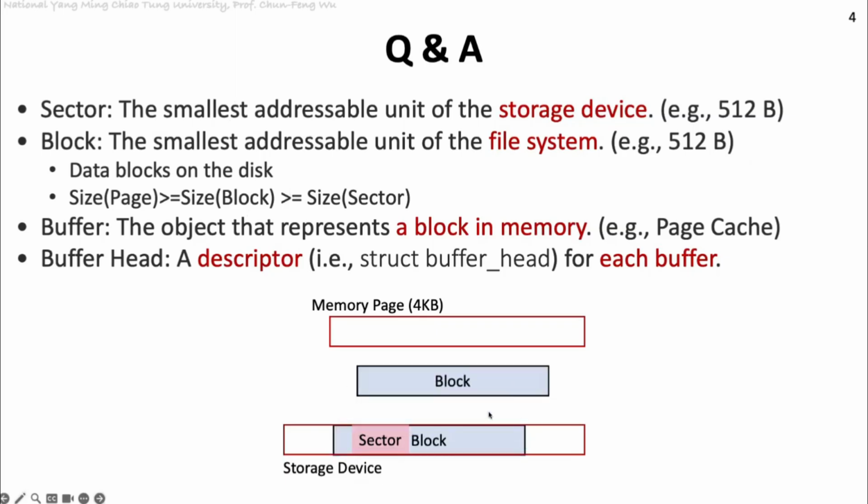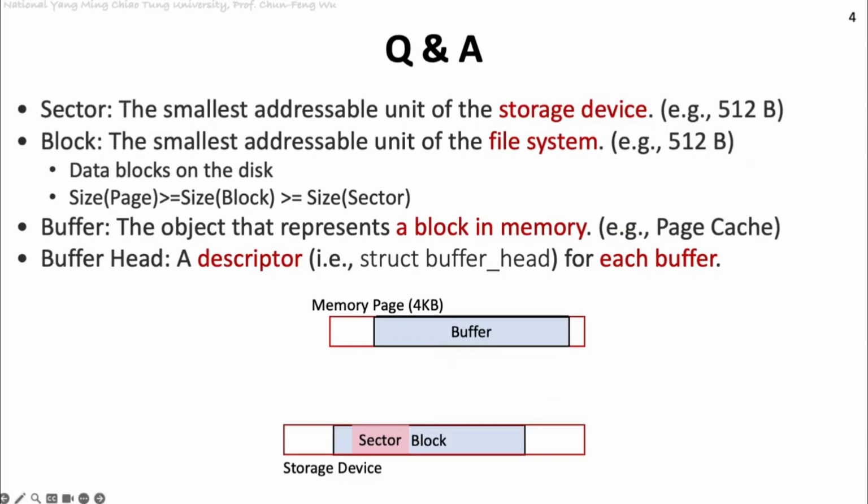And then, if we're going to access this block, it should be moved into memory. Then the block becomes a buffer. And the buffer is what we talked about a lot last week, which is about the cache. A cache is a combination of several buffers together.